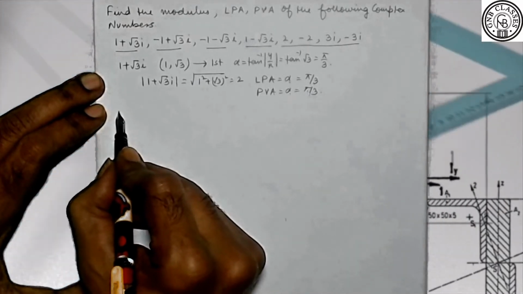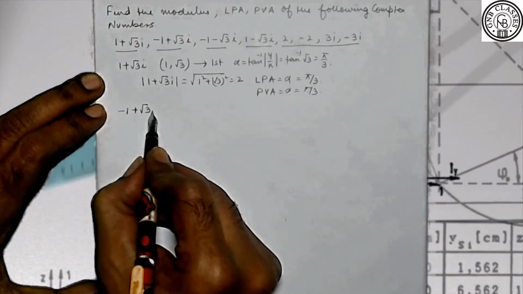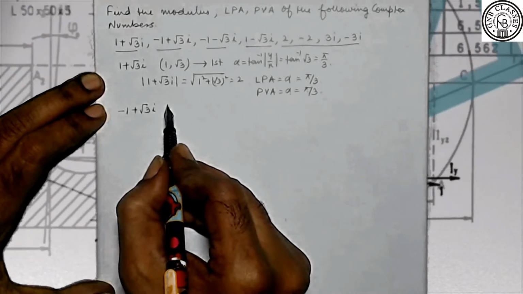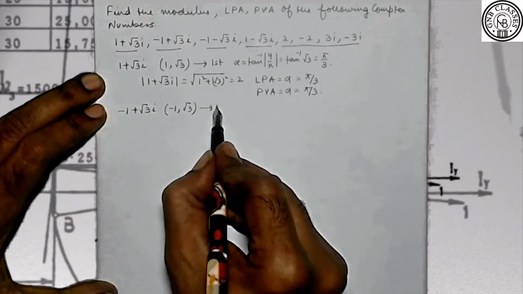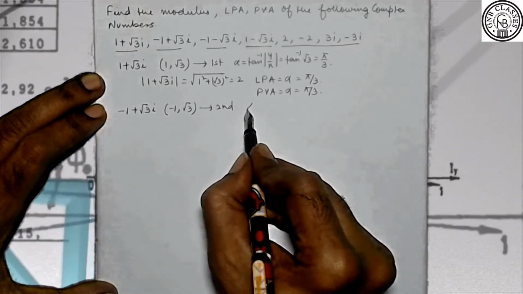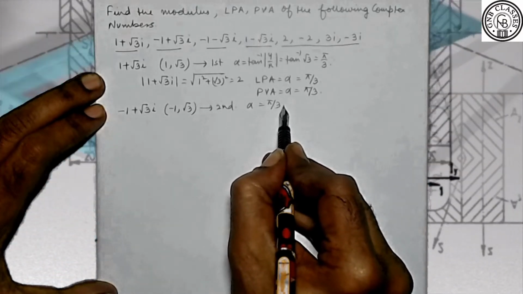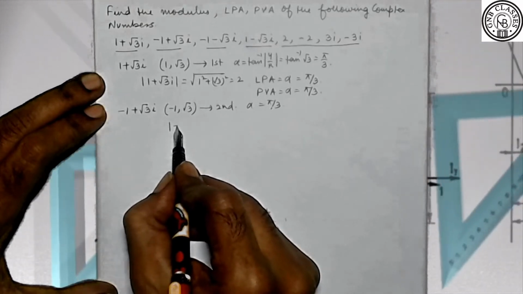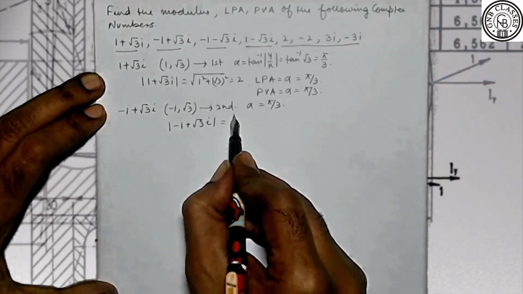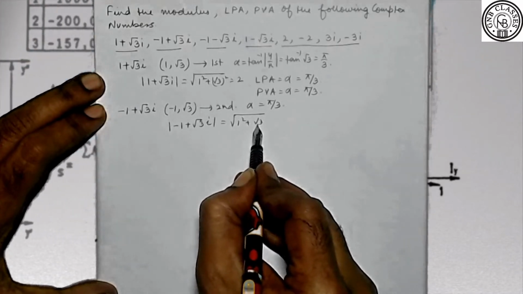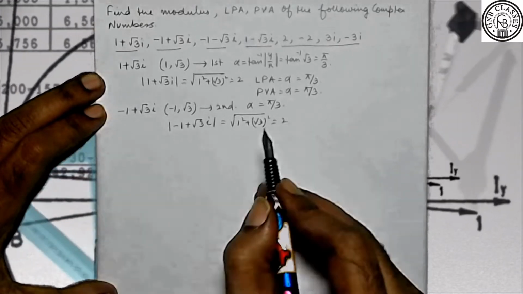Consider the second complex number, that is minus 1 plus root 3 iota. Here the point is minus 1 comma root 3. It is falling in the second quadrant. Again here alpha is pi by 3 and modulus of minus 1 plus root 3 iota is the same as 2.